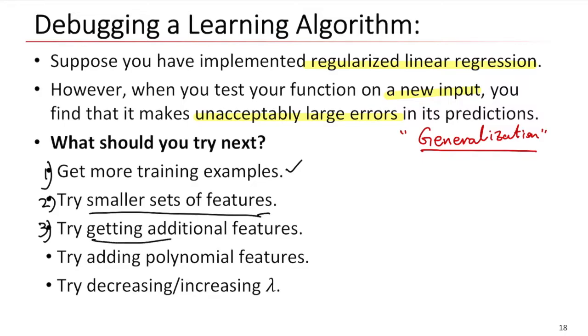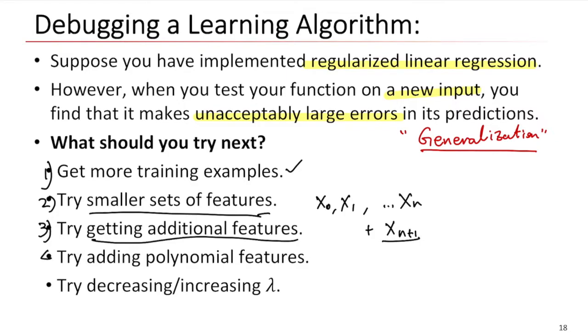Let's say we have features x1, x2, up to xn. To improve our machine learning algorithm, we can find a new feature for it. So that's what we can do.